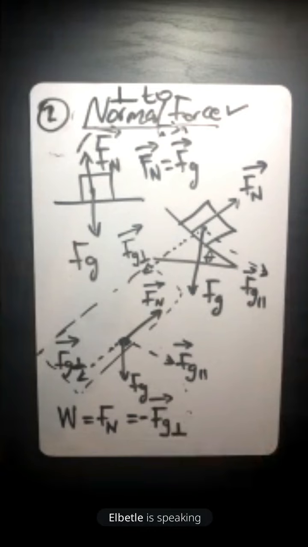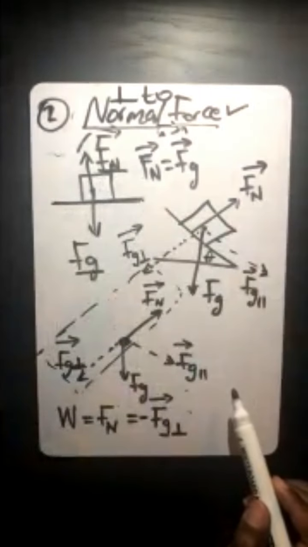Wait, you said which two forces cancel each other? So it's the force of gravity and the normal force when an object is sitting on a horizontal surface.